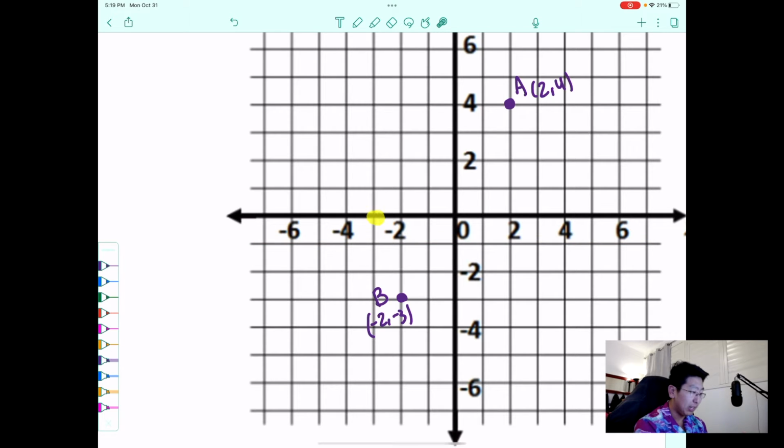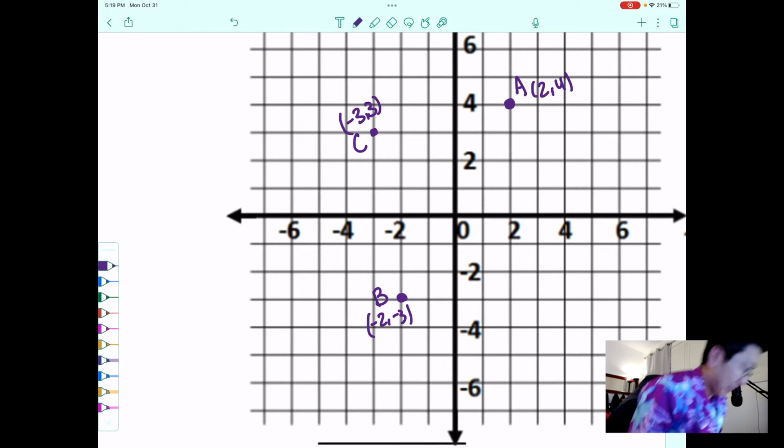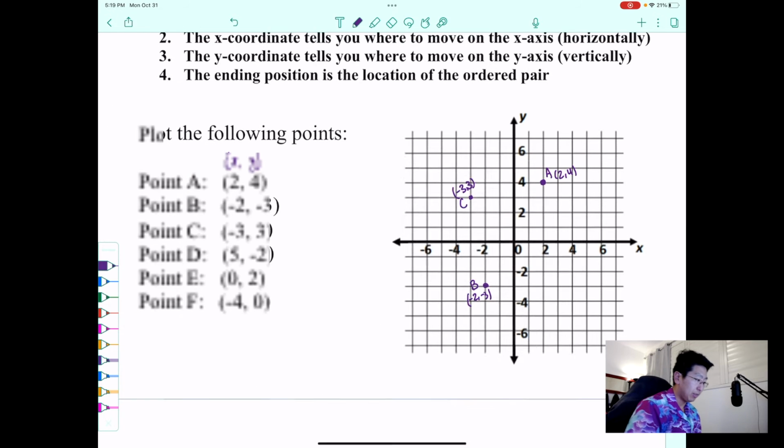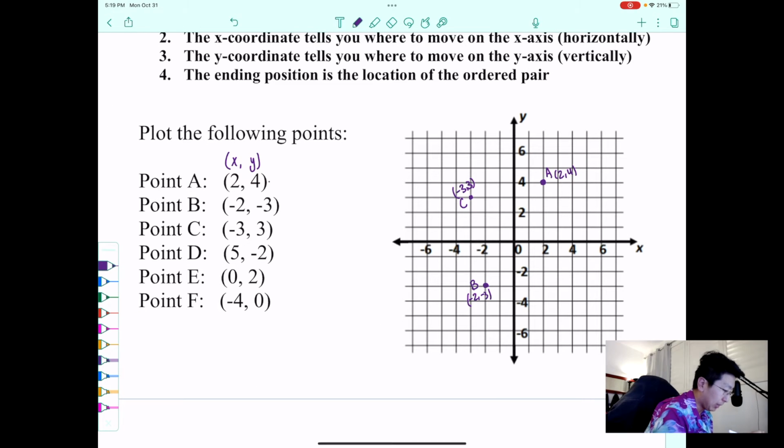But -3 is right here. And then the y value is 3, which is a +3. And so I'm going to go ahead and plot my point right there. (-3, 3). And this is my point C. All right. So we plotted points A, B, C.